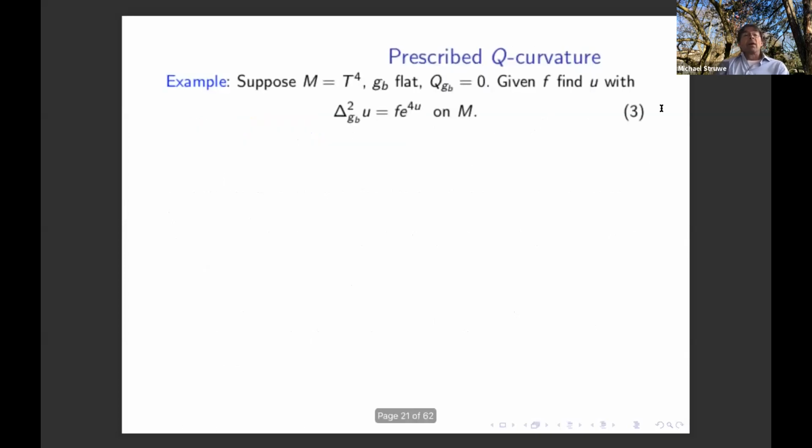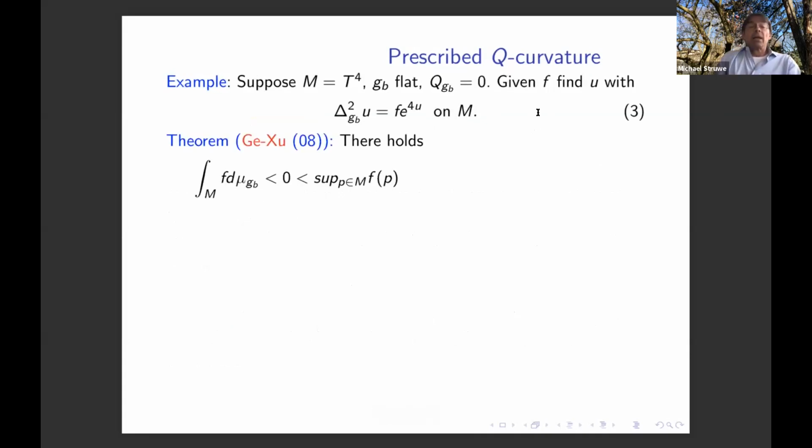So this is then again the case of the torus that we want to look at with a flat background metric where the Q curvature then is 0. And given f, the equation that we want to solve then is very similar to the equation that we've seen before, only now the operator is 4th order, it's delta squared acting on u, and right-hand side f times e to the 4u.